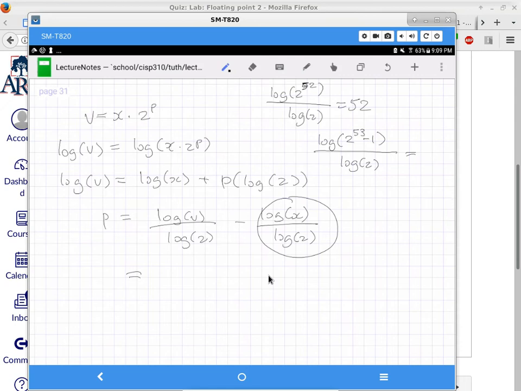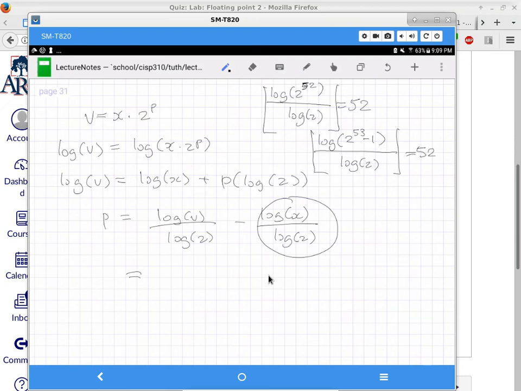So in this case, it is going to be just a little bit less than 53. But can we do something like this? Okay, cool. The other one is the same way too, isn't it? I can put a floor in here and it doesn't change anything, because 52 and the floor of 52 are exactly the same thing.